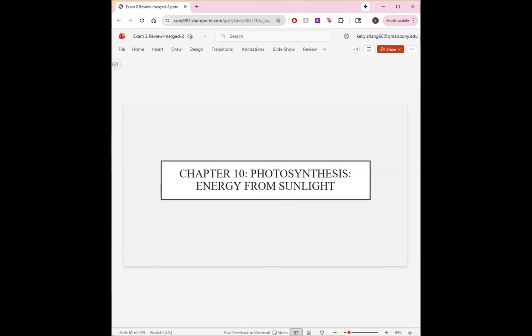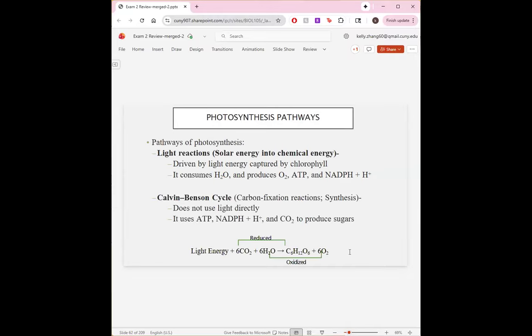Okay, so now we're on photosynthesis, which is the process where light energy from the sun is used to convert CO2 into more complex carbon-containing compounds. There are two major pathways of photosynthesis in chloroplasts. There are the light reactions, or light-dependent reactions, which convert light energy captured by the chlorophyll into chemical energy in the form of ATP and NADPH.